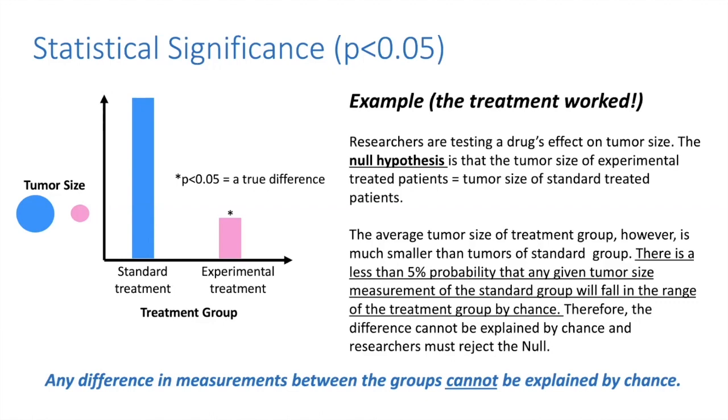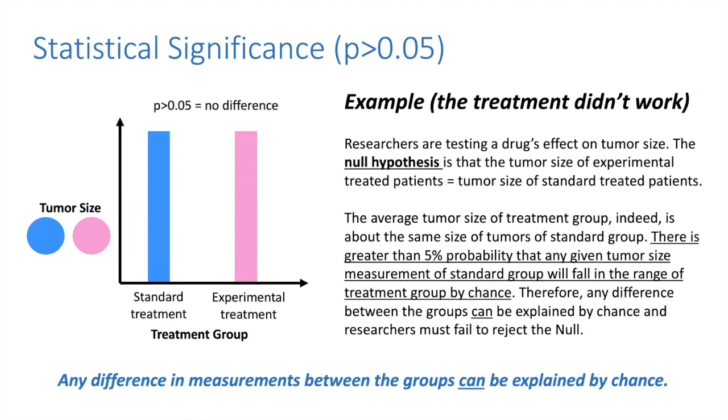There is a less than 5% probability that any given tumor size measurement of the standard group will fall in the range of the treatment group by chance. Therefore, the difference cannot be explained by chance, and researchers must reject the null. This experiment is statistically significant, and any difference in measurements between the groups cannot be explained by chance.